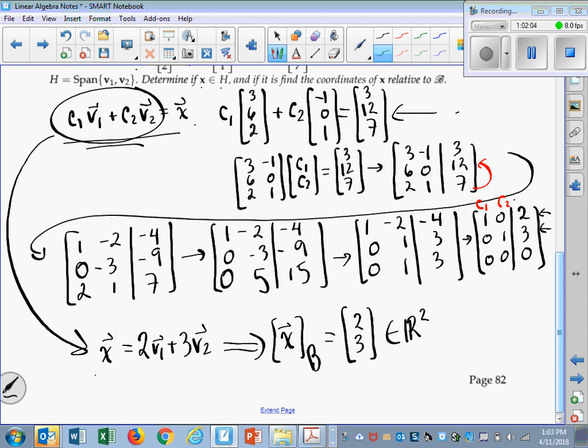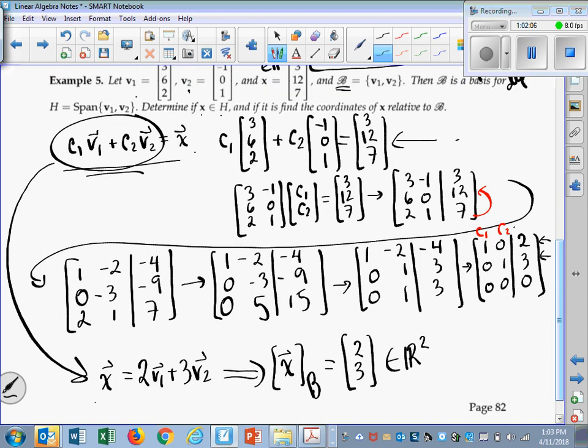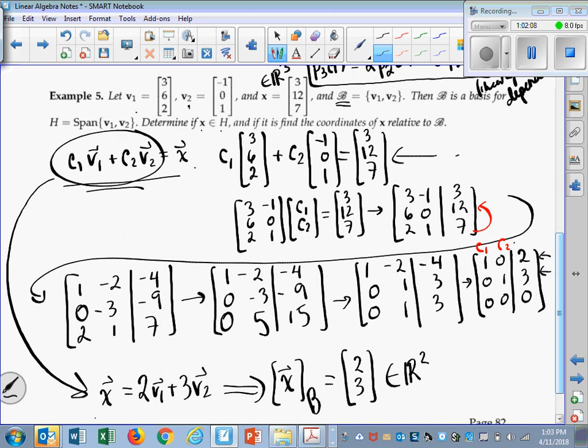And so everything in H can be represented by v1 and v2. So x here is actually being represented by those 2 things, 2 of v1 and 3 of v2. And so the only reason that we were able to condense it and reduce that dimension is because it was in a more specific space. And so now we're talking about the B coordinates of x rather than the standard coordinates of x in terms of R3. So we've really changed the way that we're looking at it.